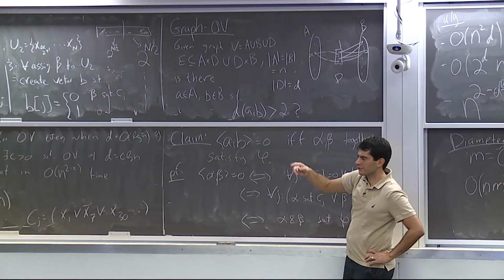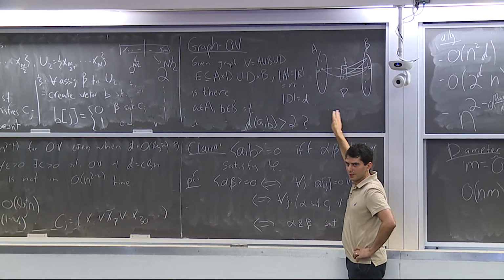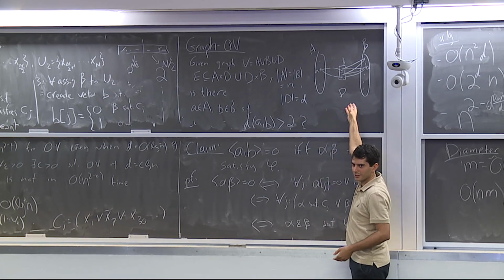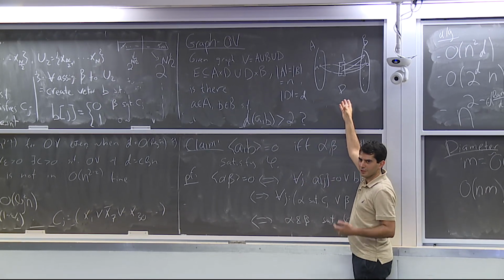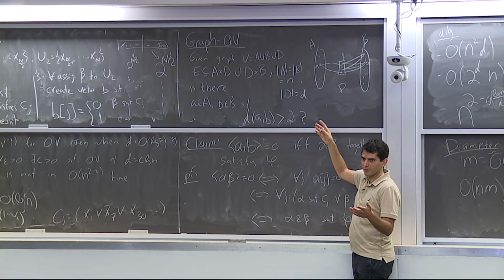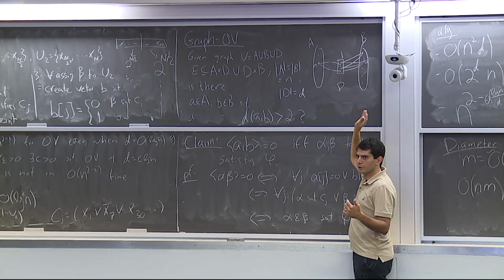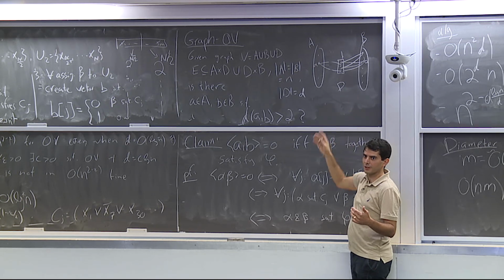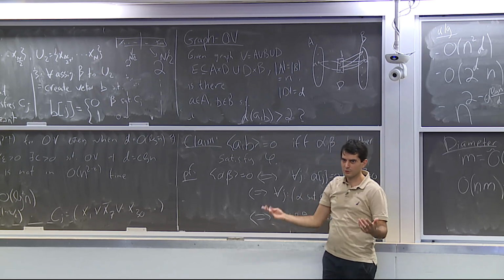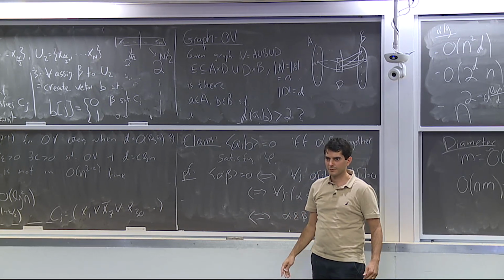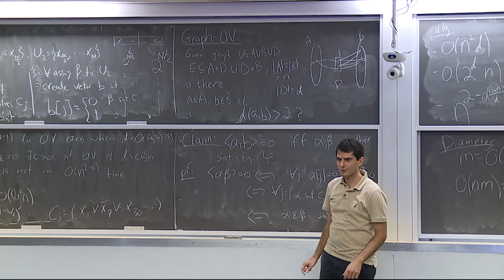I think the suggestion is to say, okay, OV is hard, OV is this. In this graph, if the diameter is 2, we know there's no orthogonal pair. If the diameter is larger, like 3 or more, then we know there's an orthogonal pair. Distinguishing 2 versus 3 needs quadratic time. That's it. But there's a bit of an issue.